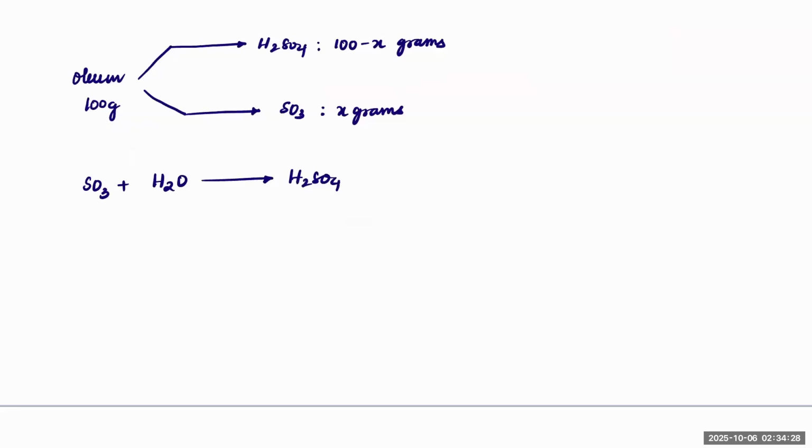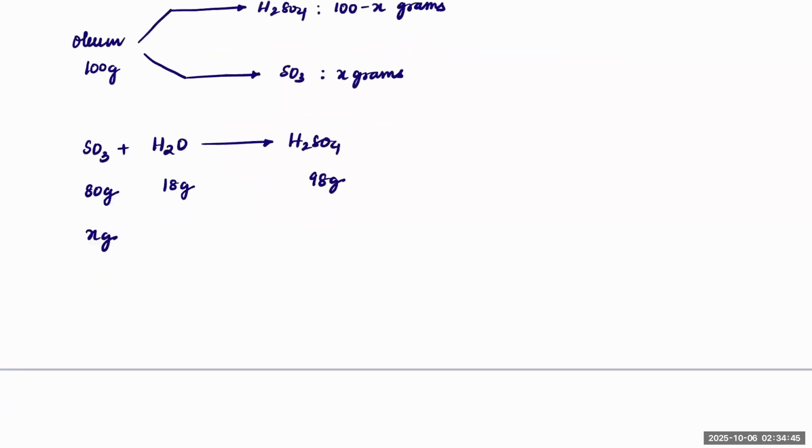By stoichiometric ratio, ideally for every 80 grams of SO3, I require 18 grams of water to convert into 98 grams of H2SO4. But now imagine I have only x grams. If you have x grams, how much H2O should be added? The weight of H2O that needs to be added is 18 by 80 times x. This many grams of water should be added.